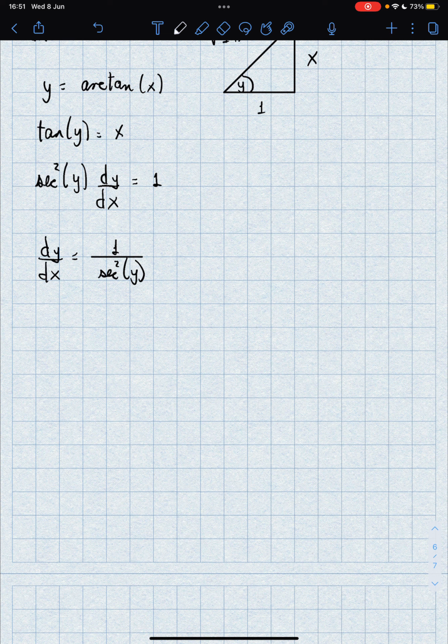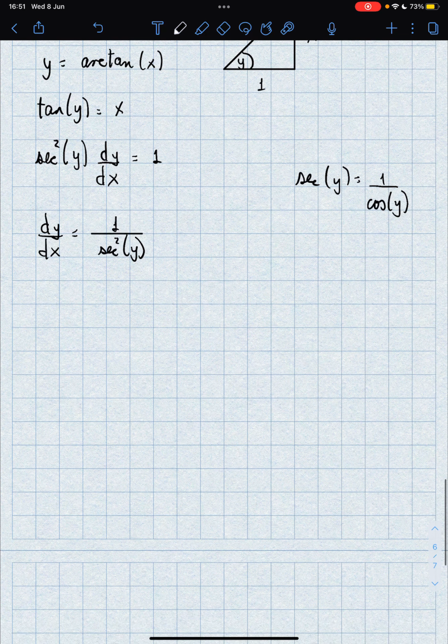But I know that secant of y is 1 over cosine of y.